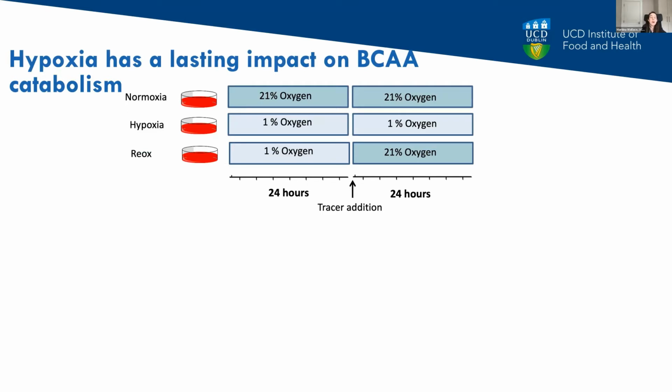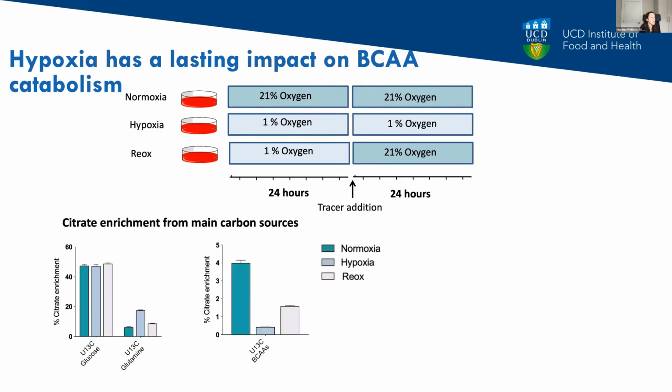Oftentimes in vivo, of course, tissues can be exposed to varying oxygen levels, and we wanted to see how quickly the different main carbon sources such as glucose, glutamine and branched-chain amino acids recover after going through a hypoxic insult. So what we did is we put some of these cells back in normal oxygen and added a tracer at the same time to see how metabolism changed.